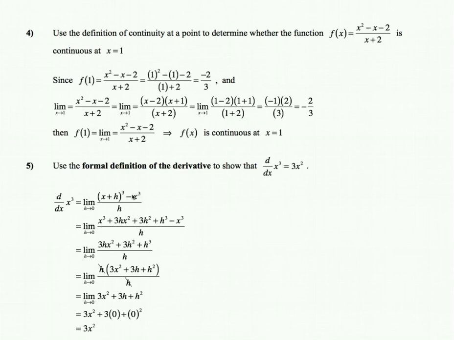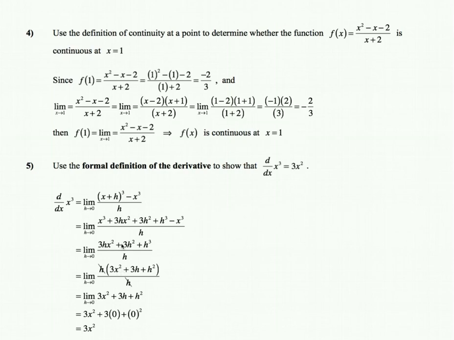And then we subtract the function, and the function in this case is just x cubed, and we see that x cubed minus x cubed cancel out additively, and then we see that every term in the numerator has an h as a factor. And so we factor that h out, and so instead of 3hx squared, we have 3x squared.